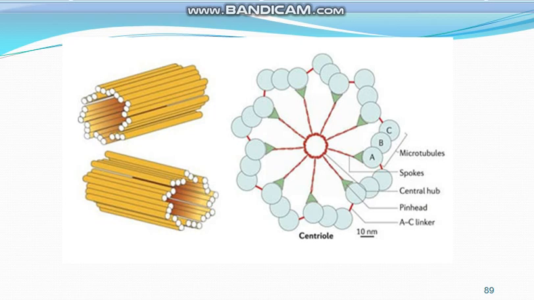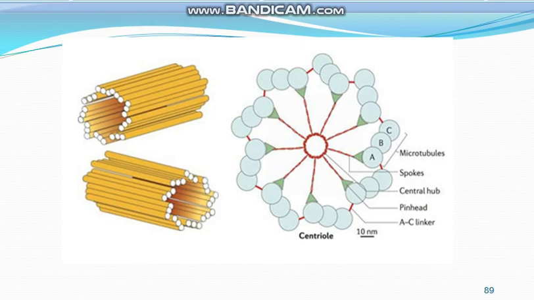During the cell division process these centrioles move towards the opposite ends and form the microtubules. Each centriole is made up of 9 triplets arranged in a cartwheel-like organization, and this is the 9 plus 0 organization.